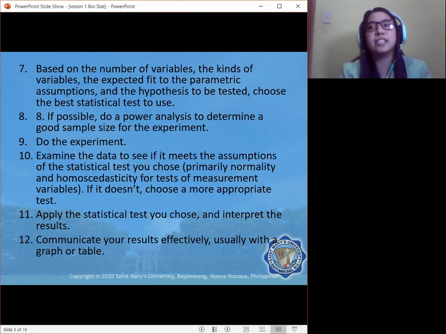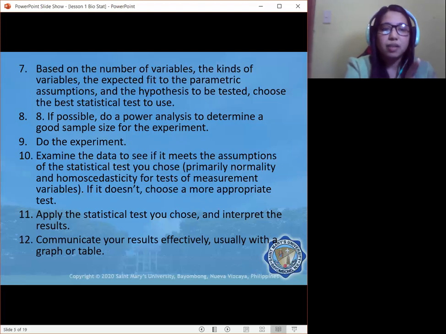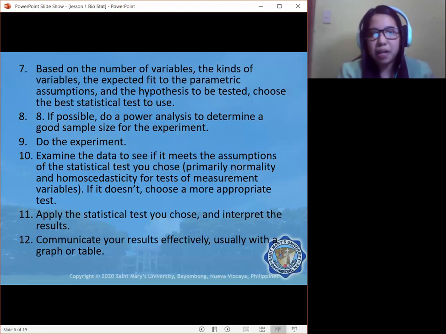Which means that in conducting research about biological data, you do not need to start with number 9, doing the experiment, before realizing what question you want to answer. You must always start with what is the biological question that you are asking, so that it will not complicate everything, as if you do not know what the answer will be or what the data is all about.